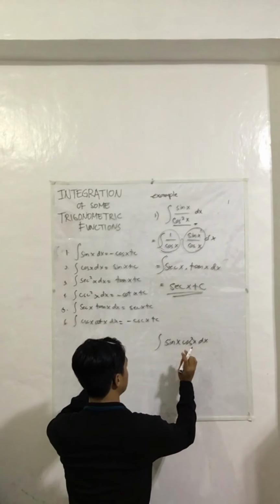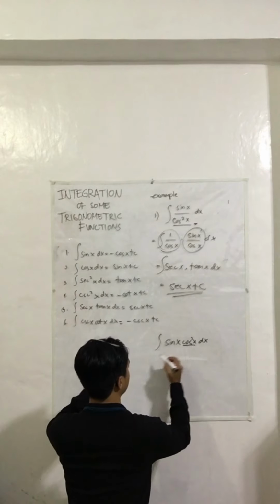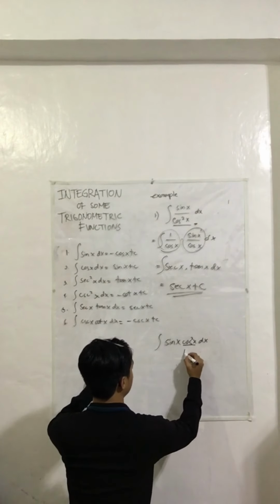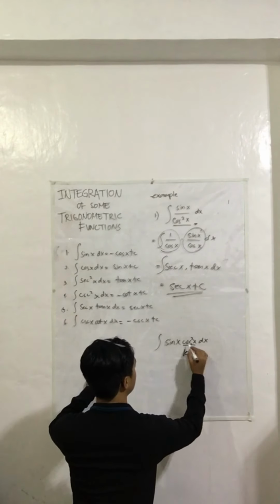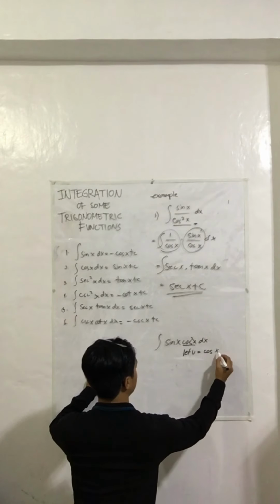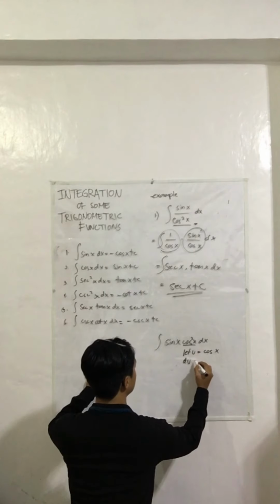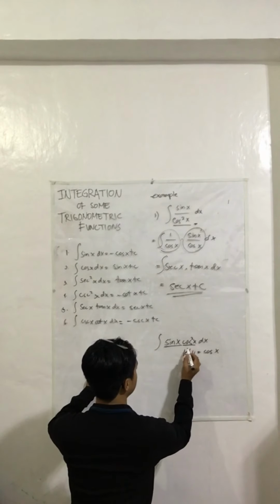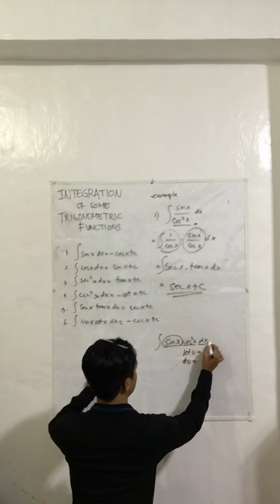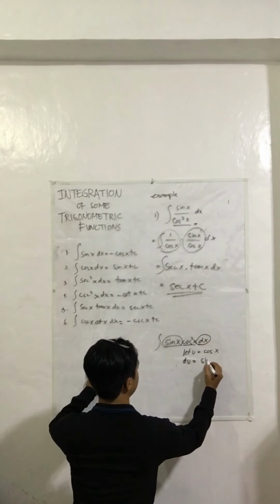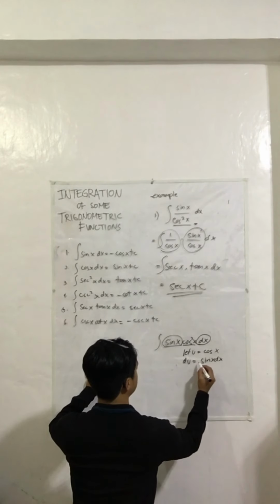So, ililet natin yung cosine x kasi nga may exponent. Let u is equal to cosine x. And then yung derivative niya, which is the du, is equal to negative sin x dx.